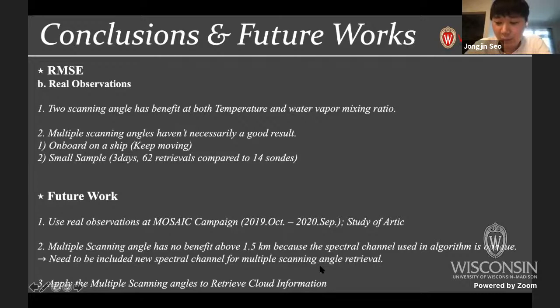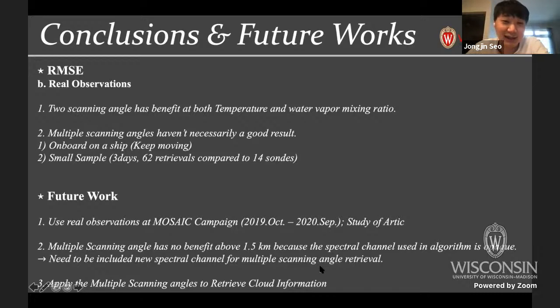Okay, so when I look at the information ratio for temperatures, most of the information exists below approximately 1 kilometer because the spectral channels become opaque at that altitude. So if we add spectral channels that are less opaque, they would be useful to get information above that altitude.